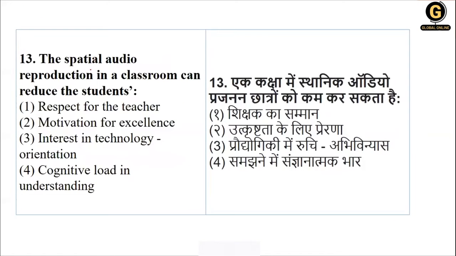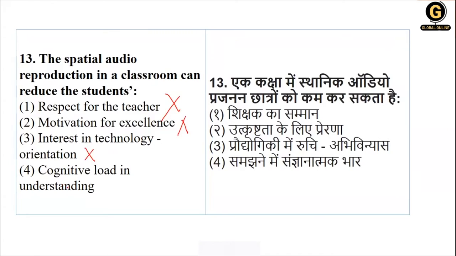The spatial video audio reproduction in the classroom can reduce the students'... When we talk about audio reproduction, how does spatial audio reproduction work? It is in a 360 degree angle. When a message is passed to children in a 360 degree angle, what does it produce? Respect for the teacher? Definitely not. Motivation for excellence? No, it does not. Interest in technology orientation?